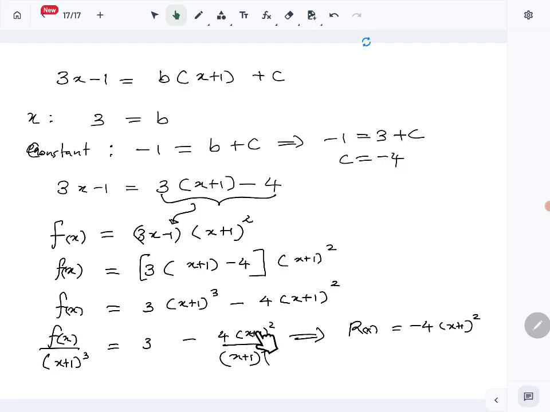This is the quotient, and this is the remainder over the divisor. Or you can get it from here also. The quotient is 3, the divisor is (x plus 1) cubed, and the remainder is this part, minus 4(x plus 1) squared, right? So that is the 2014 A-level question. Okay, in the next video we'll discuss questions from 2015 to 2019.